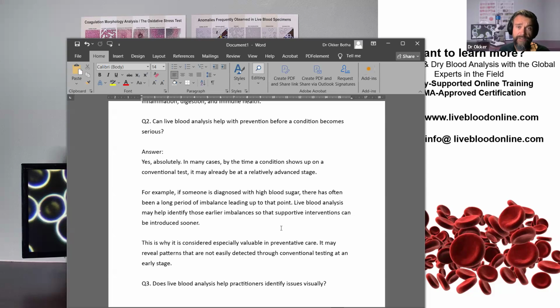So live blood analysis allows us to detect imbalances at a far earlier stage than conventional testing. Through natural medicine, we're able to address those imbalances, actually reverse them, and prevent the onset of a condition or some type of diagnosis.